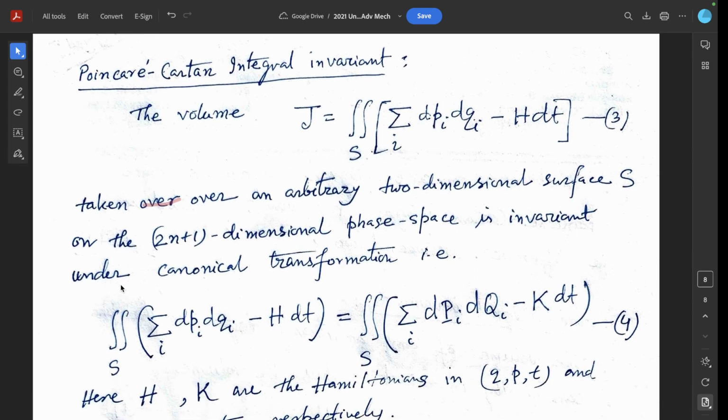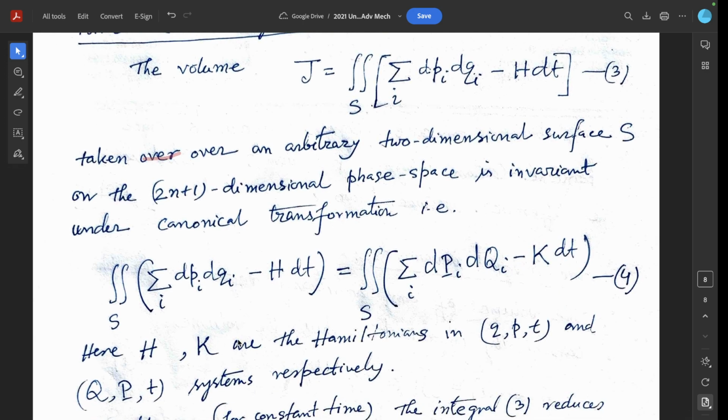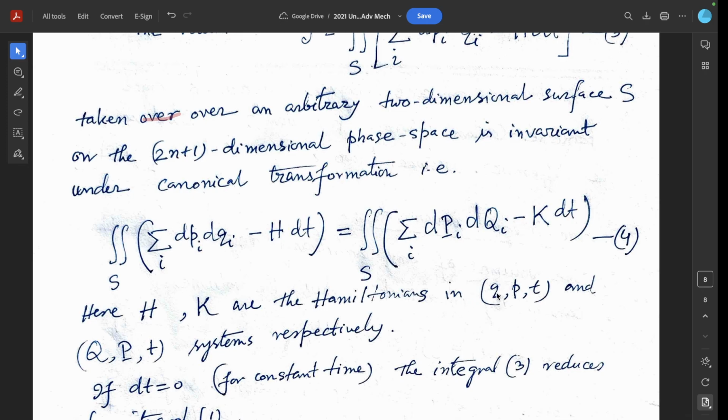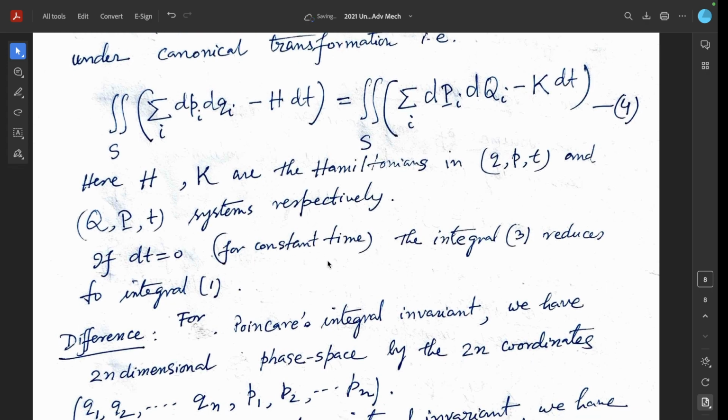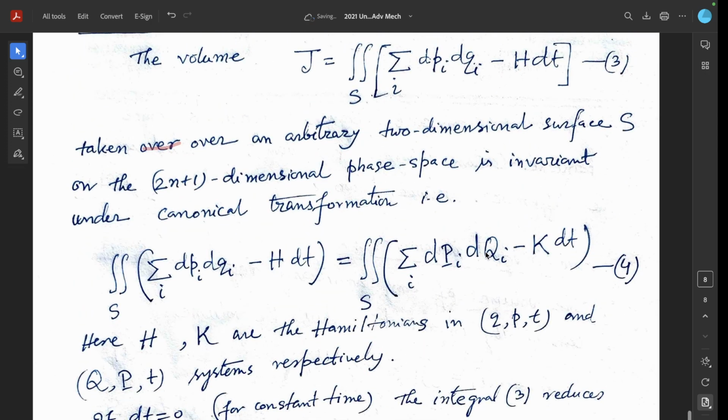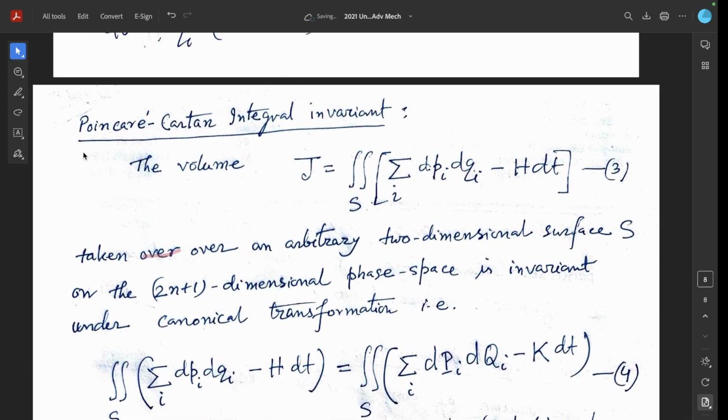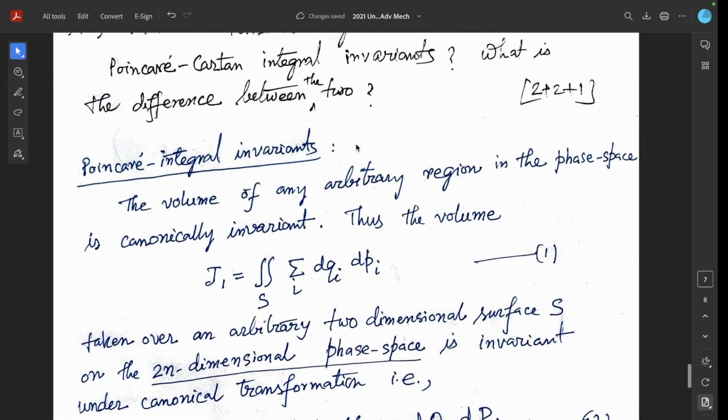So ∬_S Σᵢ (dpᵢ dqᵢ − dH dt) = ∬_S Σᵢ (dPᵢ dQᵢ − dK dt). Here H and K are the Hamiltonians in the small qpt and capital QPT systems respectively. If dt = 0, for constant time, integral 3 reduces to integral 1. So the Poincaré-Cartan integral invariant reduces to the Poincaré integral invariant.